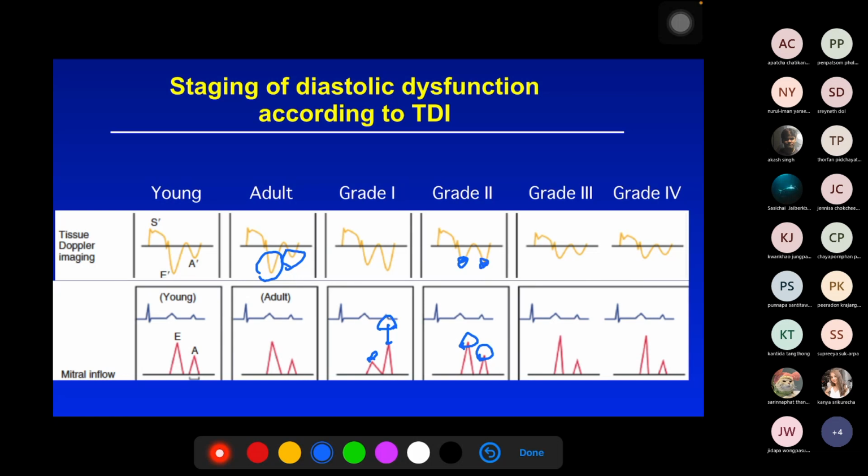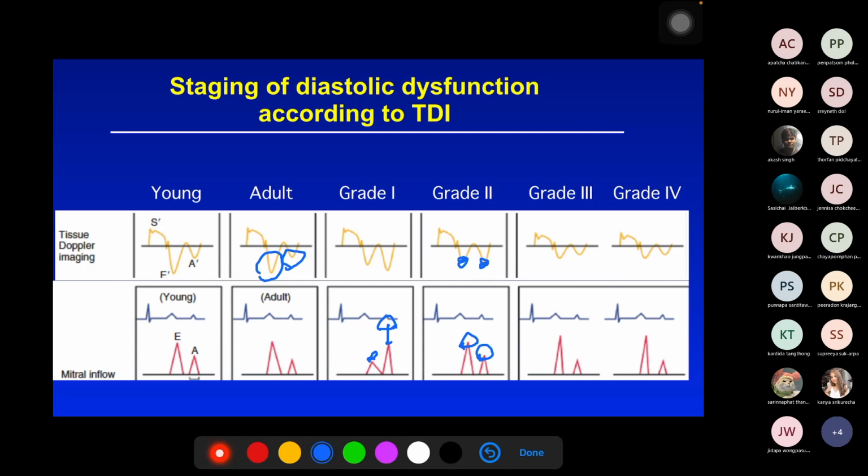So the TDI helps us to differentiate between grade 2 and normal, because normal E prime is over A prime, but in grade 2 diastolic dysfunction, E prime and A prime are both decreased.